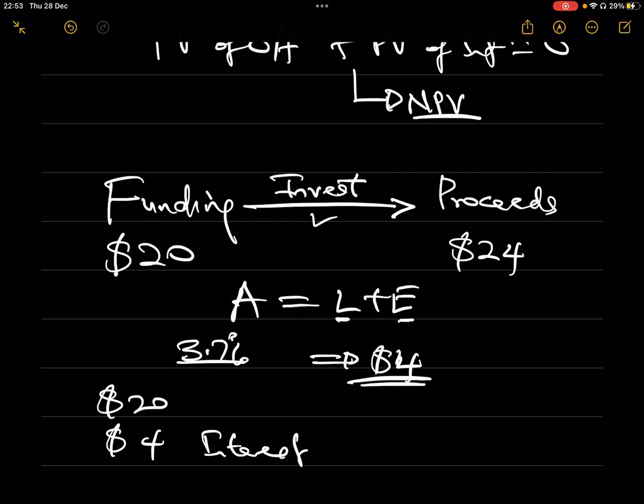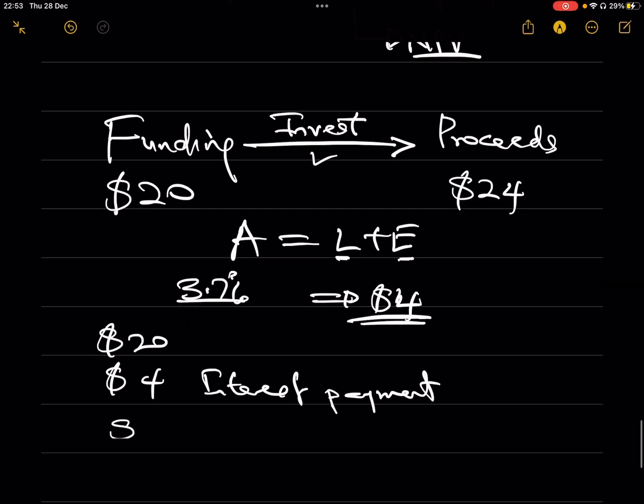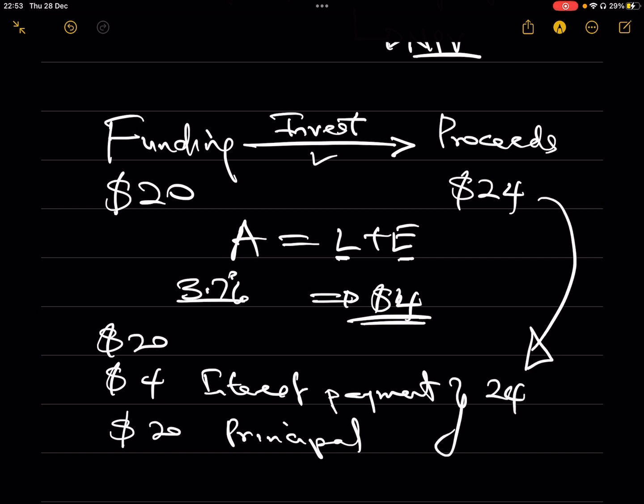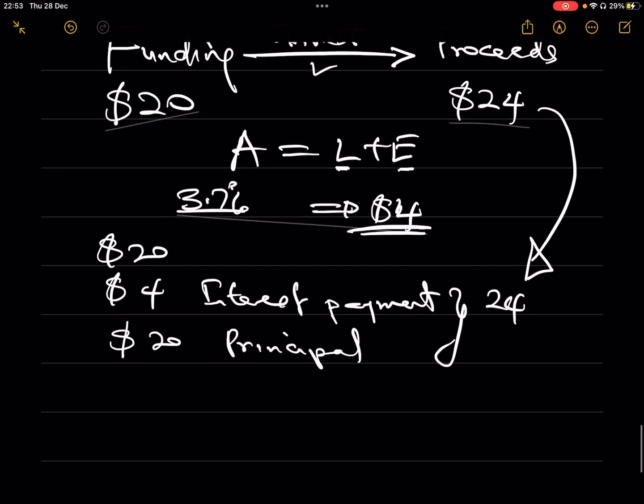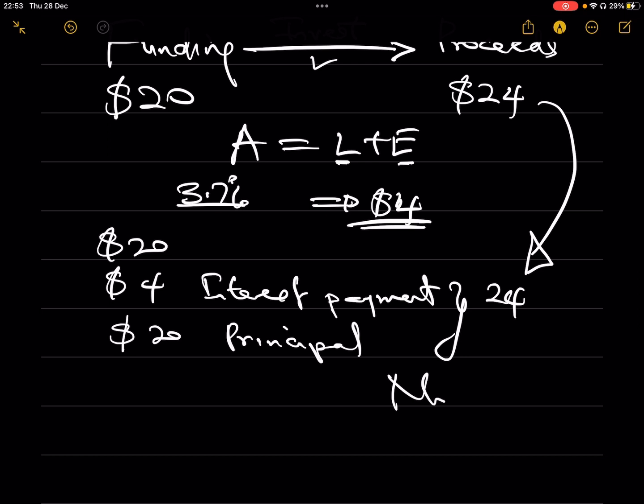So eventually, this is interest payment, and you also need to pay back principal $20. So eventually, the $24 proceeds that you have made has gone back to the owner of the money. And for you, what have you made? Nothing.